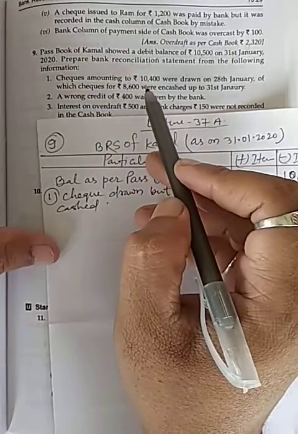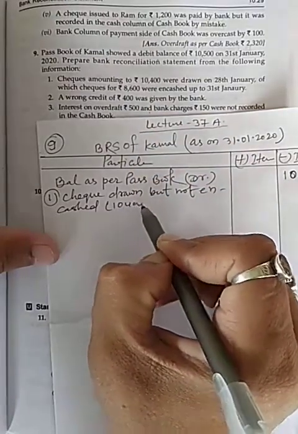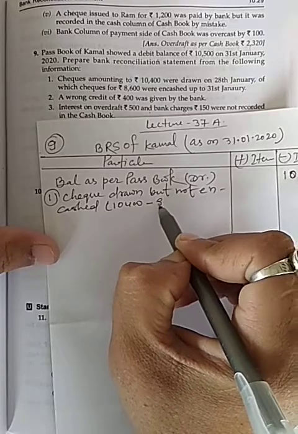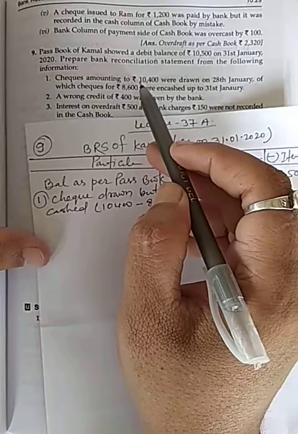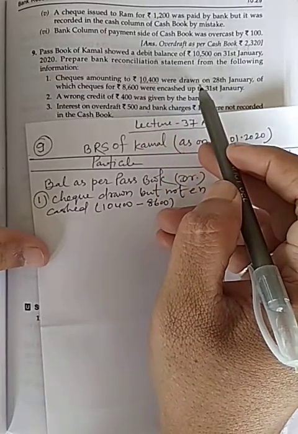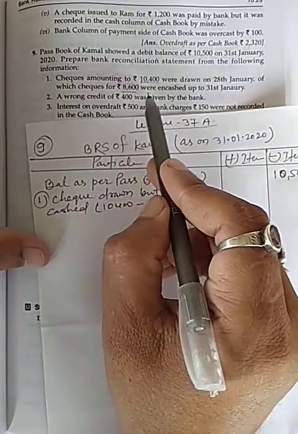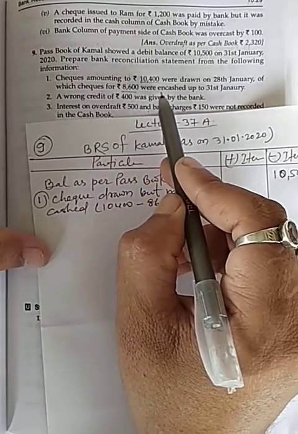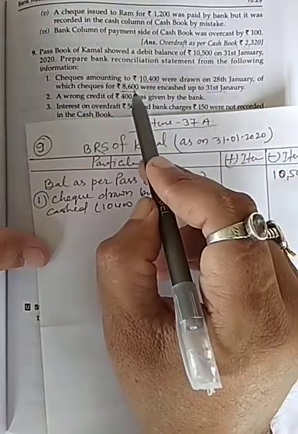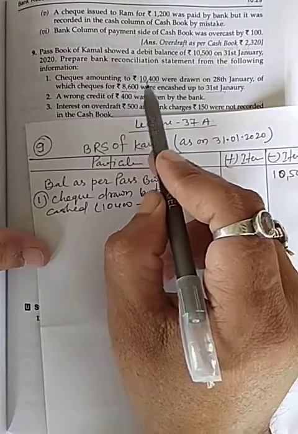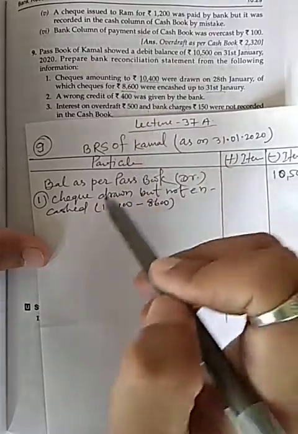But how much amount? It will be 10,400 minus 8,600, because question is saying 10,400 were drawn, of which check 8,600 were encashed up to 31st January. It means remaining out of 10,400 not encashed.